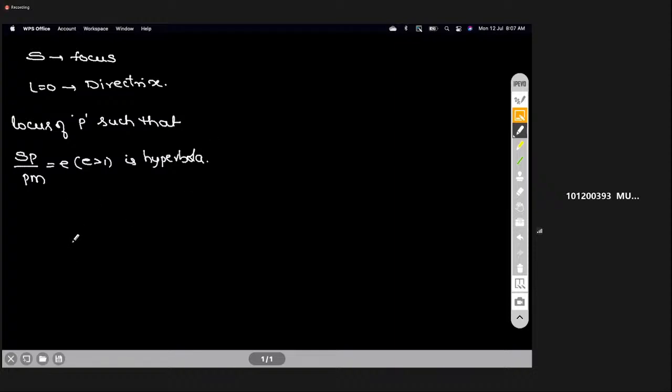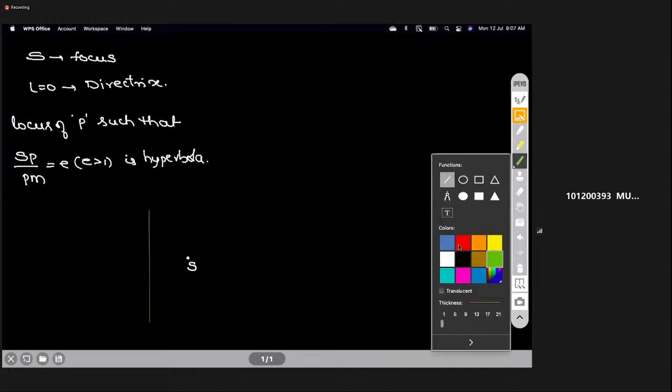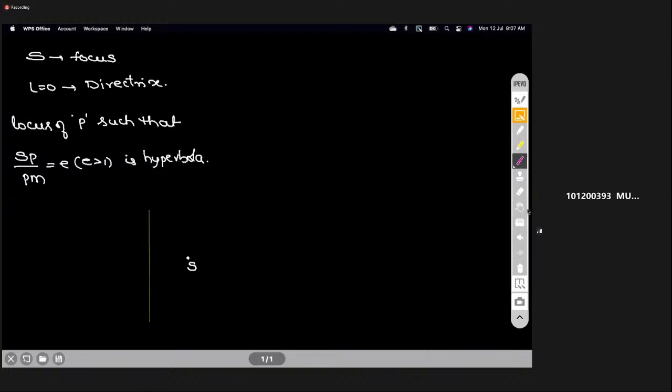So here what I'll do is, this is a fixed point S. This is a fixed line L. Maybe I'll change the color of the line. This is there.